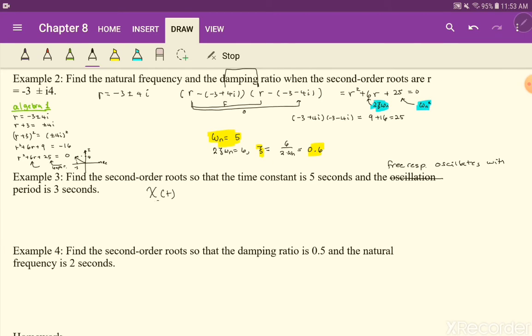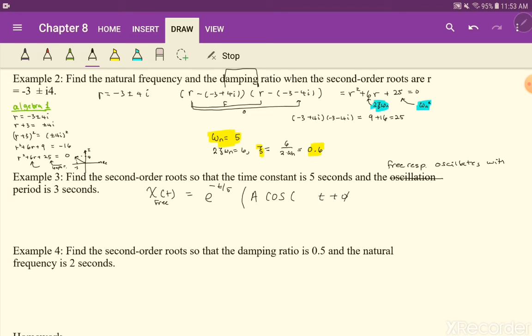So you have x free equals e to the minus t over 5, since the time constant is 5. Then you have some constant times cosine or sine, doesn't matter, cosine omega d. What was that period? It was 3 seconds.